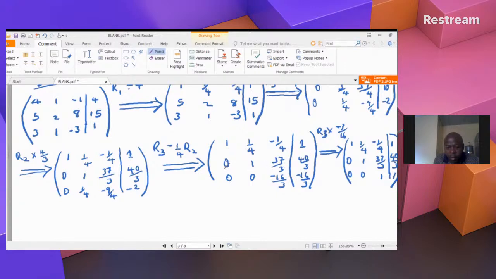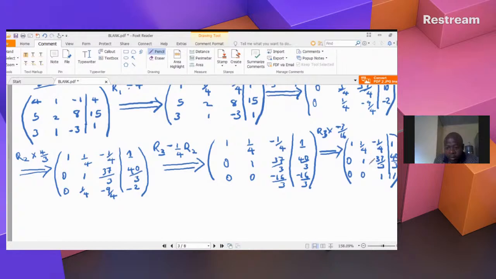From this point, the screen was not being shared. We had already arrived at this point, where I had -16 out of 3. I think this is the point where I stopped sharing the screen. So I took row 3 times the reciprocal, -3 out of 16. Row 1, I just wrote the way it was.